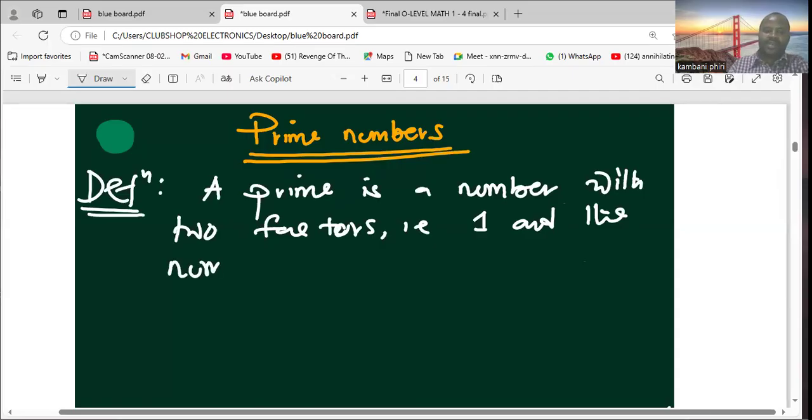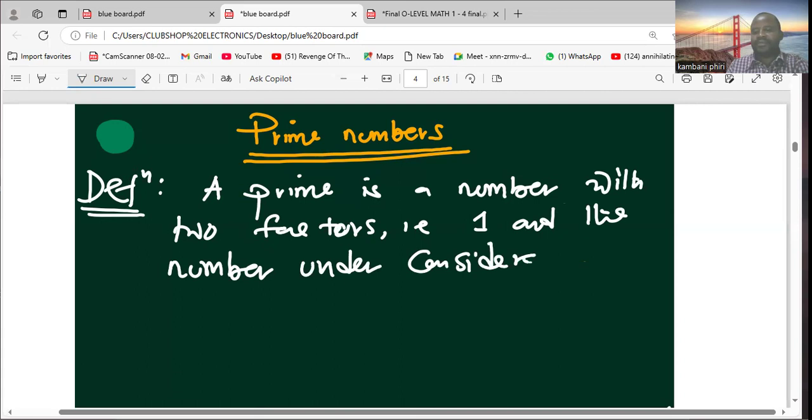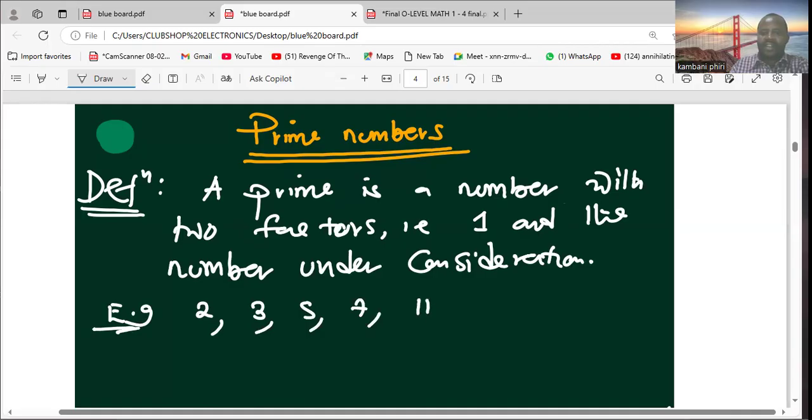For example, 2, 3, 5, 7, 11, and so on and so forth.